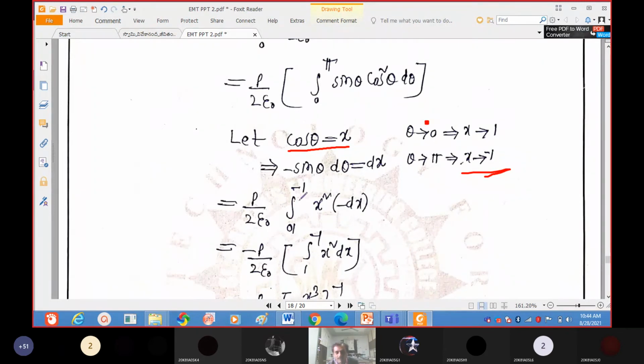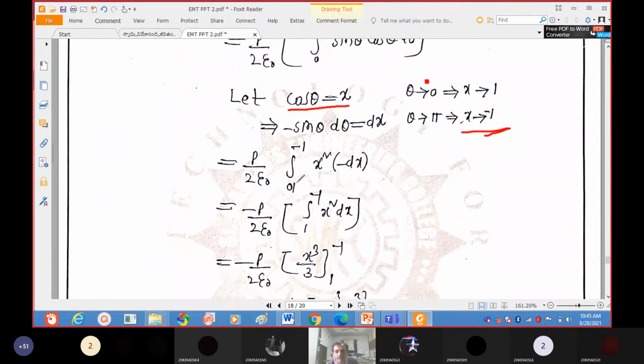Instead of cos theta we substitute x, and instead of sin theta d theta we substitute minus dx. Now the limits are 1 to -1, x square into minus dx.